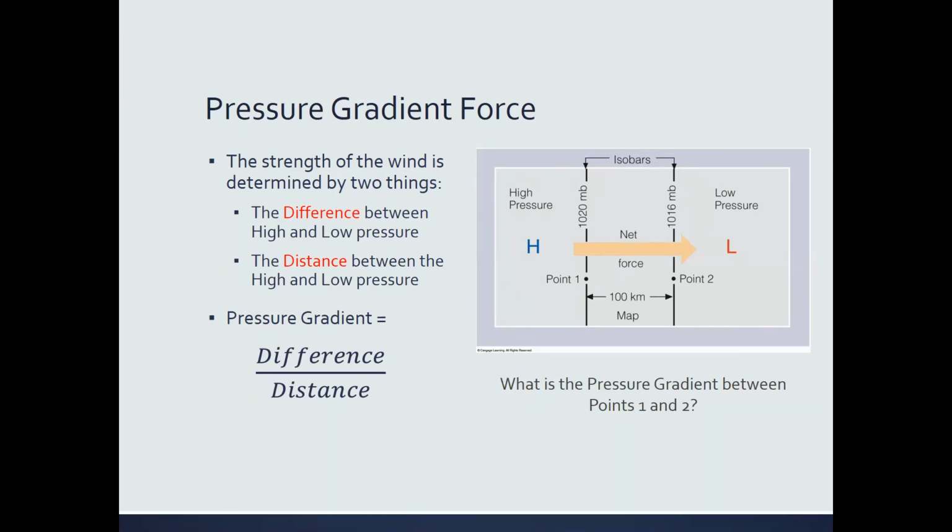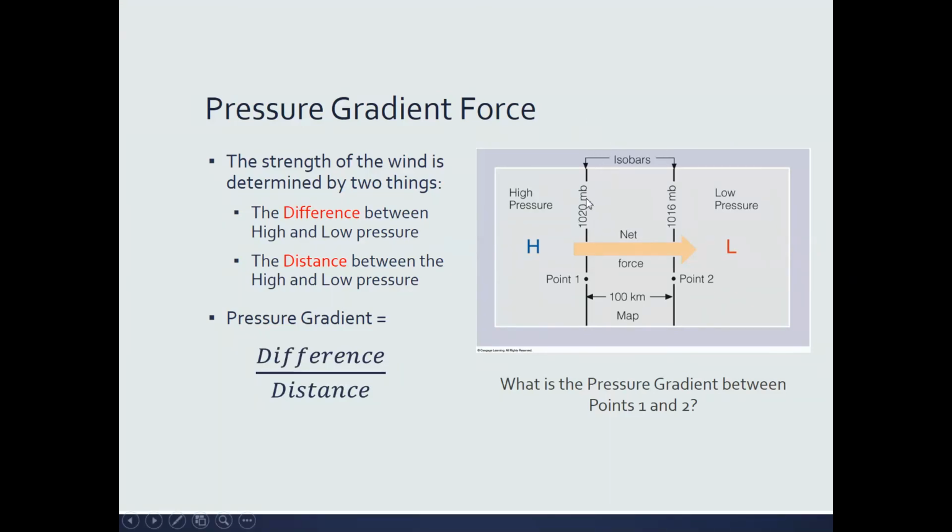Now, how can we calculate this? Well, suppose we have these 2 isobars here, and we have a point on each one of the isobars. And these 2 isobars are 100 kilometers apart from each other. Well, the pressure gradient would be the difference divided by the distance.